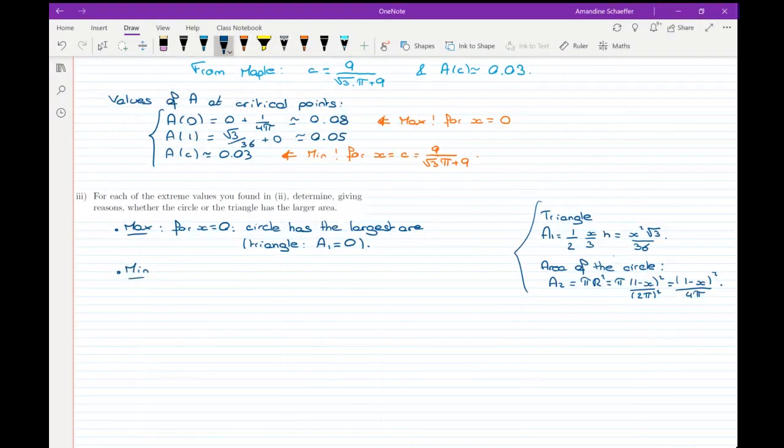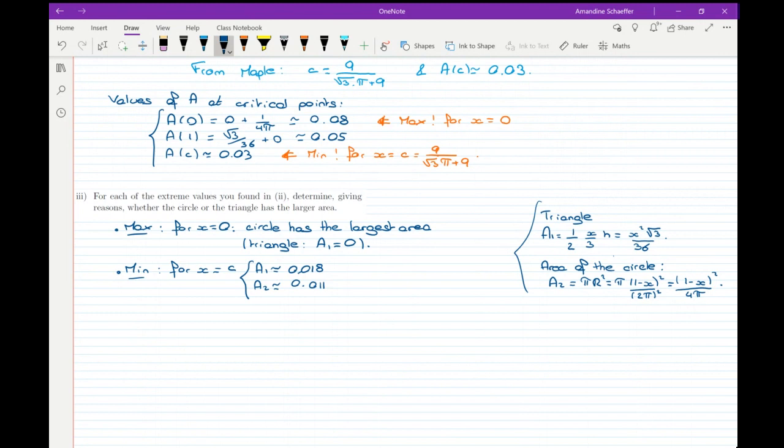If you want to minimize the total area, we found that that was for x equals c. So for x equals c, well, we need to compare A1 and A2. A1, well, you take your calculator for x equals c, you find approximately 0.018 and A2, something like that.